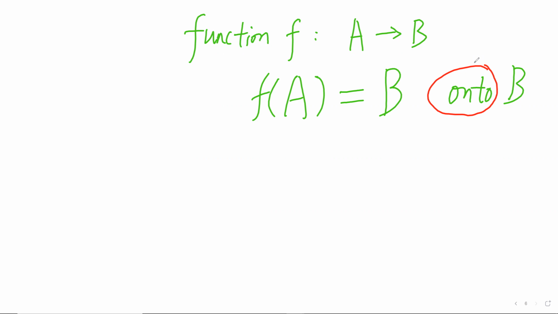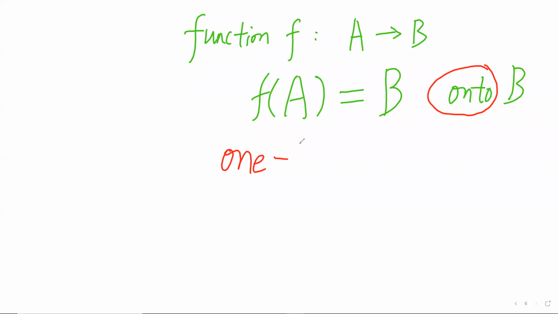Suppose every element in A maps to a unique element in B, which means you cannot have many-to-one mapping. In that case, we say this mapping is one-to-one instead of many-to-one.